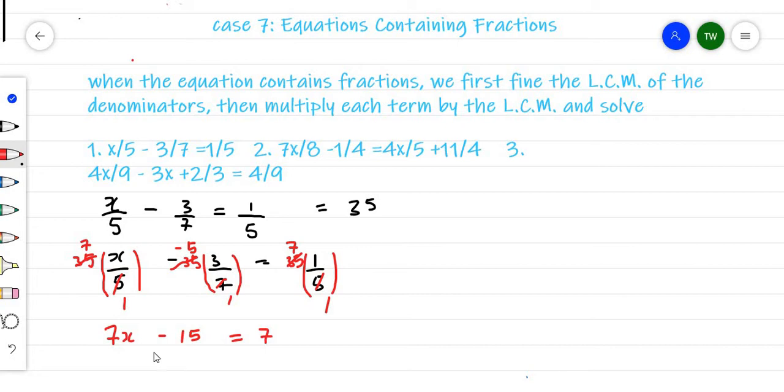Now what we need to do is to group the like terms. So we're going to keep our 7x, and we're going to bring across this minus 15 to this side. So we're going to have equal to 7, and if we bring across the minus 15, it's going to become plus 15.